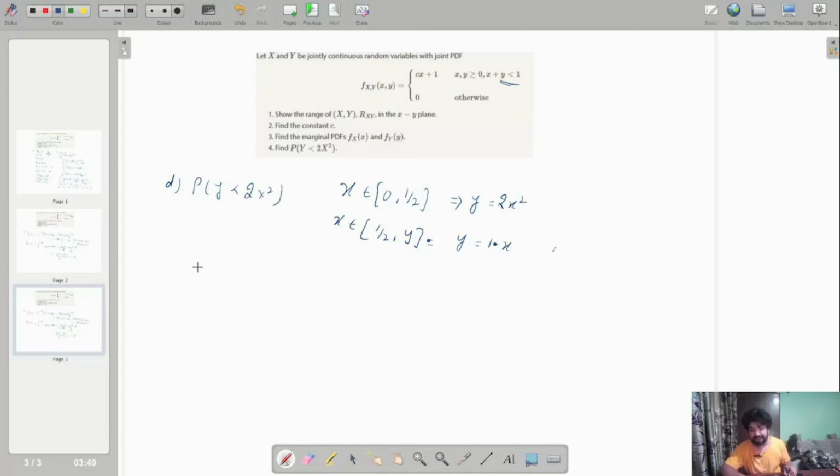The first integral in this case will be 0 to 1 by 2, and we will also have 0 to 2x square, and then we will write down the function we had, that is 3x plus 1 dy dx. So we'll start solving this, and we will have 0 to 1 by 2, 3x plus 1 dx, and then for y I will have my limits.